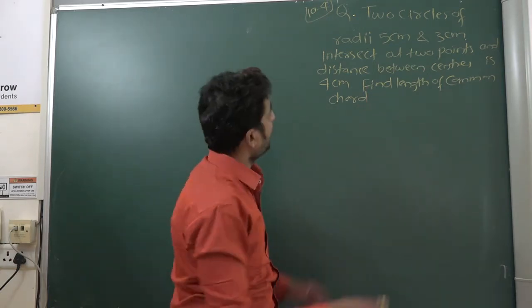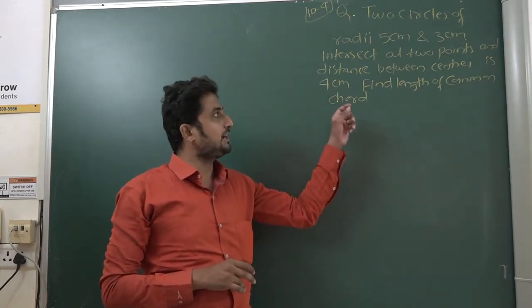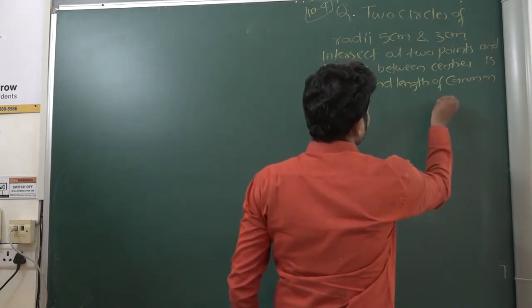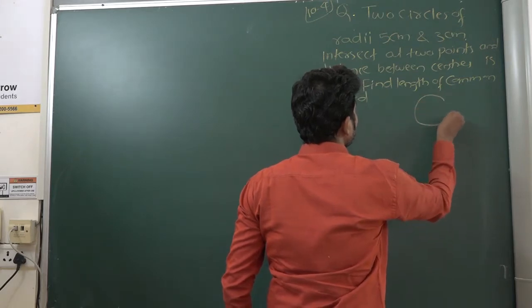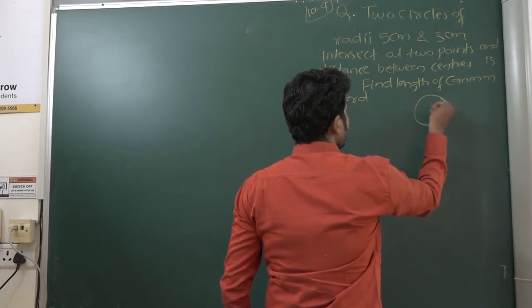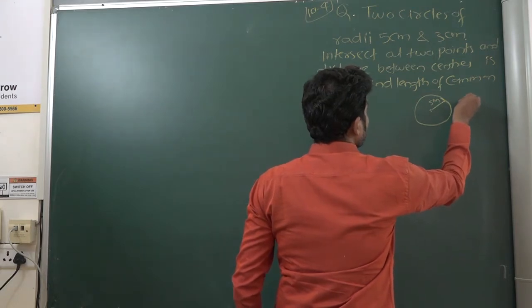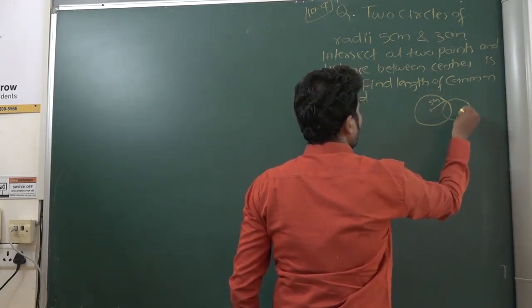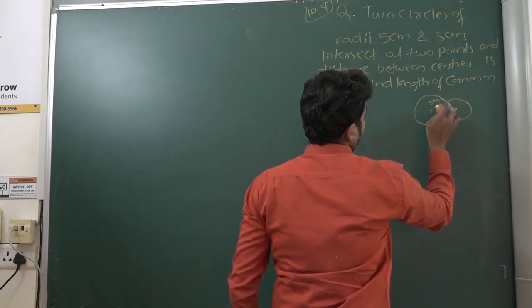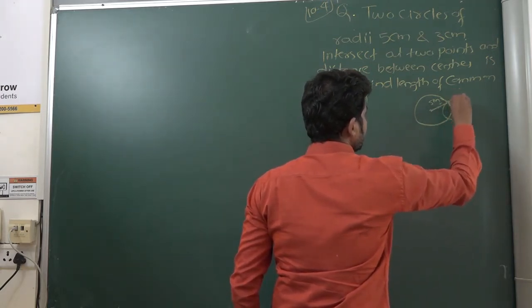On the basis of this, first we draw the figure, and on the basis of that, we will find the length of the common chord. So, dear students, there are two circles. One is of radius 5 cm and one is of radius 3 cm.